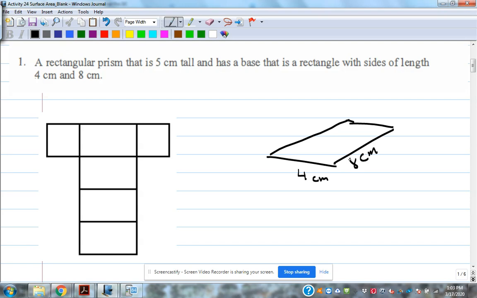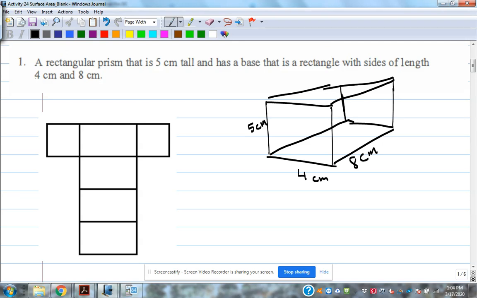So that helps me to visualize what's going on. And then it says the height of the rectangle is 5 centimeters tall. So that's this dimension. And so that helps me to draw this picture out of that. So I'm just drawing a 3D representation of that figure.